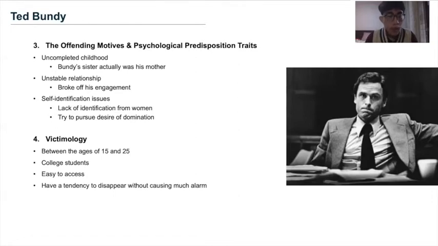And the third point is identification issues. Generally speaking, most serial killers have self-identification issues. For example, Ted was harmed by the scandal and experienced bullying in his childhood. His romance also did not go well.